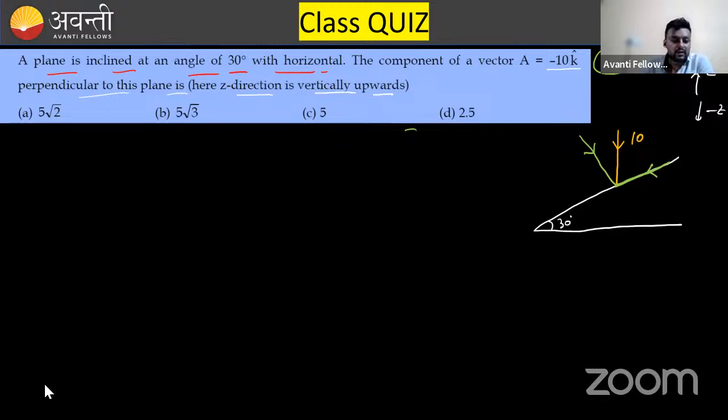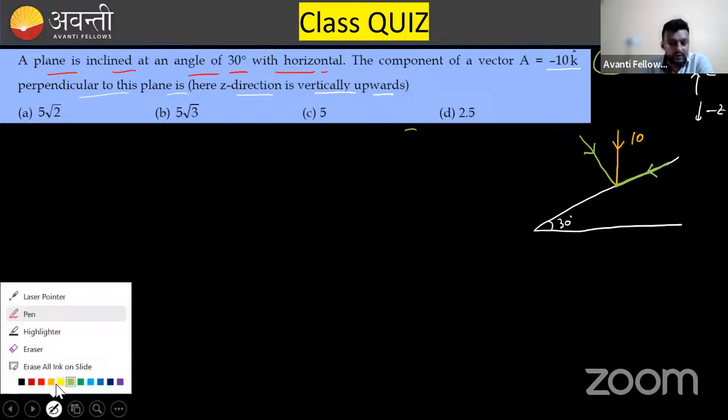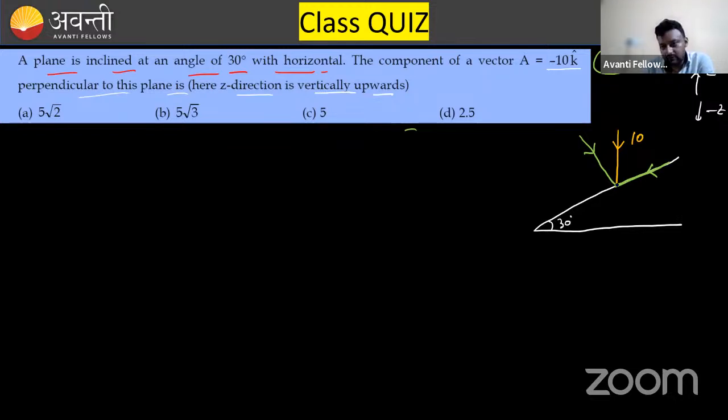Now you need to find the component which is perpendicular to the surface. If I take that component with some blue pen, or I will take some angles, if I extend this line and this vertical component, this angle will be 30 by geometry. So this angle is also vertically opposite. This angle will be 30. So what will be the component?